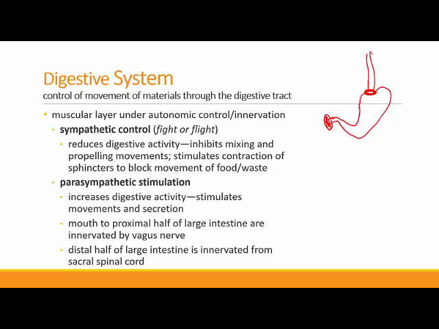From the mouth all the way down to the first half of the large intestine, we see the vagus nerve providing this parasympathetic control. The far half, the distal portion of the large intestine, all the way to the anus, is innervated by nerves that come from the sacral region of the spinal cord. So the bulk of parasympathetic stimulation is delivered along the vagus nerve.